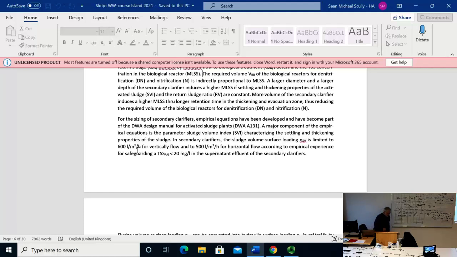Okay, let me explain this again. This is the inflow of our secondary clarifier, and this is our surface area.